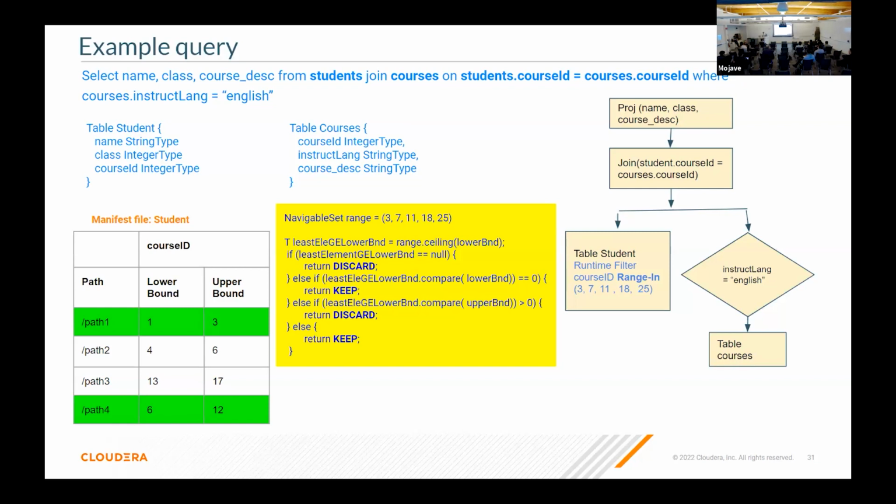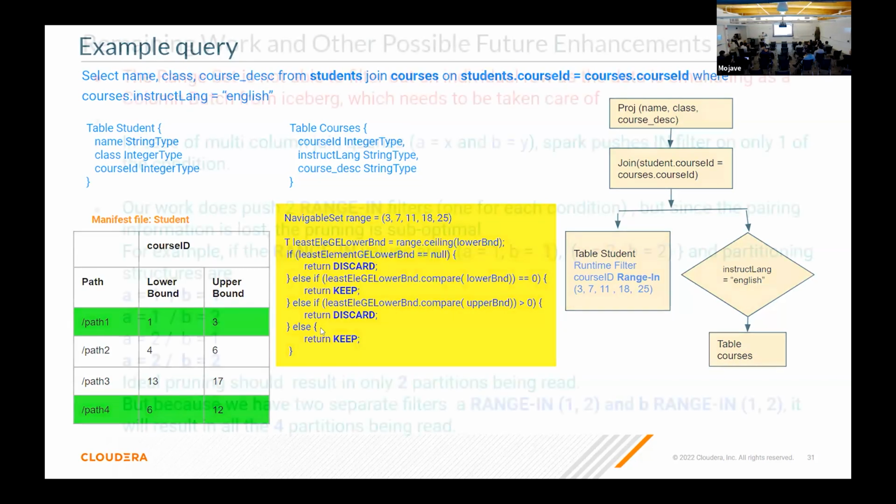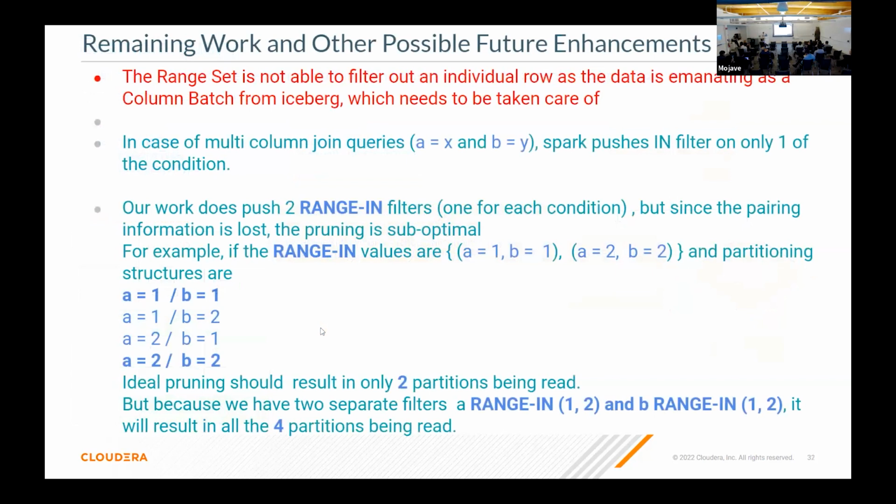So our filter was at the Iceberg level, but it couldn't filter out individual rows. As a result, we didn't see that benefit. So we have to ensure that the filter pushed down at the Iceberg level also gets applied in the code-generated part of Spark, just after it has deserialized the column batch and is dealing with individual rows. So this is that red thing which you have to take care of.